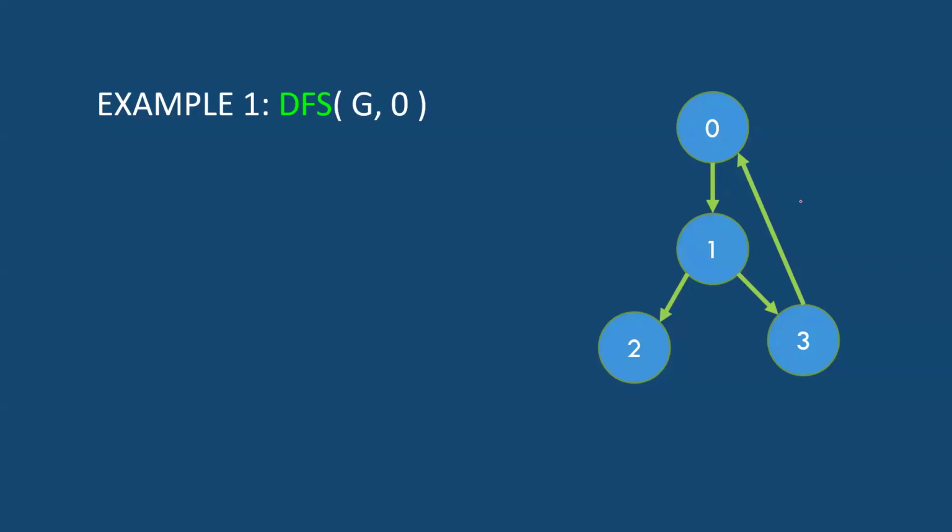If I do a depth first search on some graph G, starting at vertex 0, I'm going to mark each vertex visited as I see it. And then I'm also going to put it on a recursion stack. So I'm going to keep a little scratch pad that says which vertices I have visited in my recursive traversal.